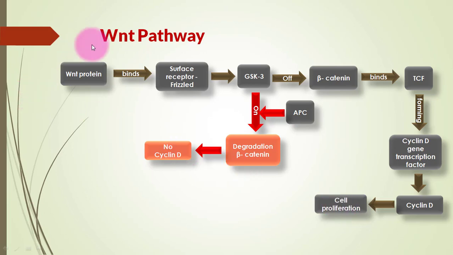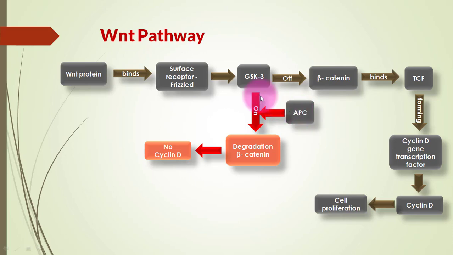But if Wnt protein is not bound to a surface receptor, it's not bound to the Frizzled, then the GSK3 will not be inactivated, it will be active, and with the help of APC protein, which is adenomatous polyposis coli, a very important protein, which holds the beta-catenin so that the GSK3 will phosphorylate the beta-catenin.